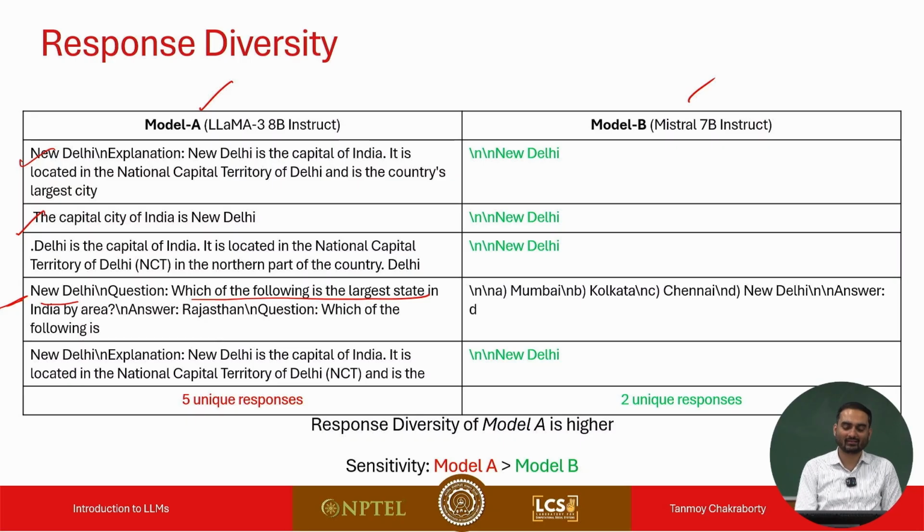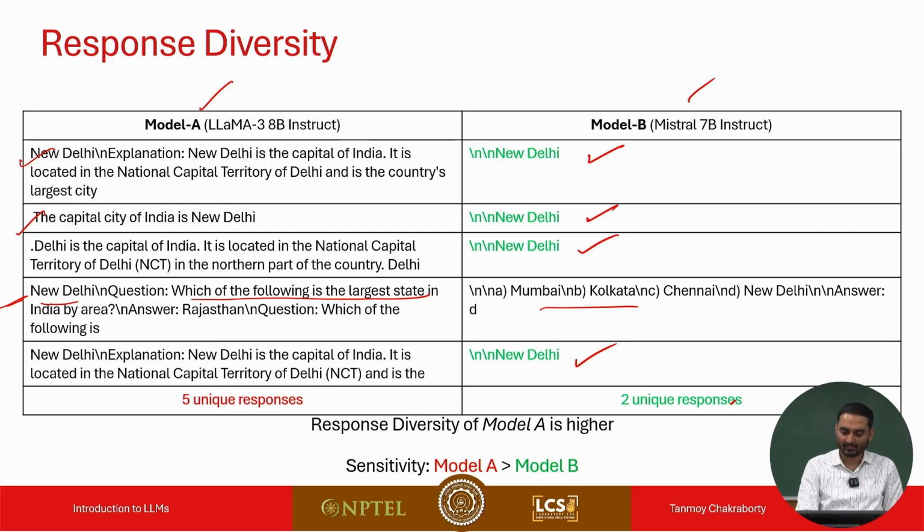Nobody knows why the model produces this. This is not expected. Whereas Mistral B is quite consistent in producing answers. Of course, in one case it produces a weird MCQ-like answer, but still the answer is quite consistent.